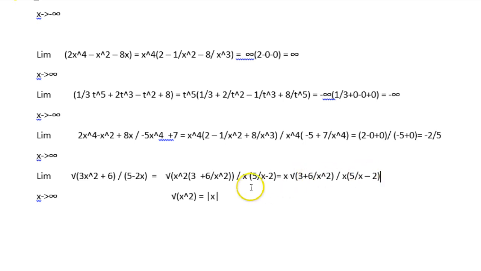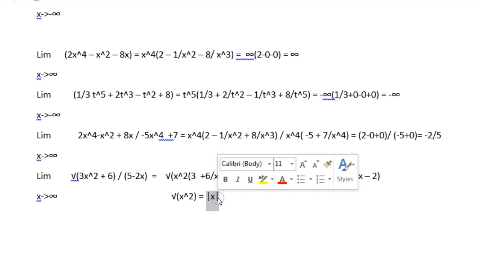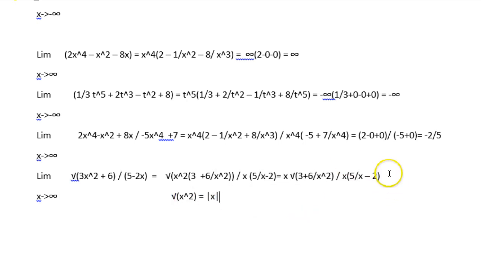You have to be very careful about this, because when you're working with absolute values, you have to ask: am I getting a positive value or a negative value? That's what you want to think about as we go.